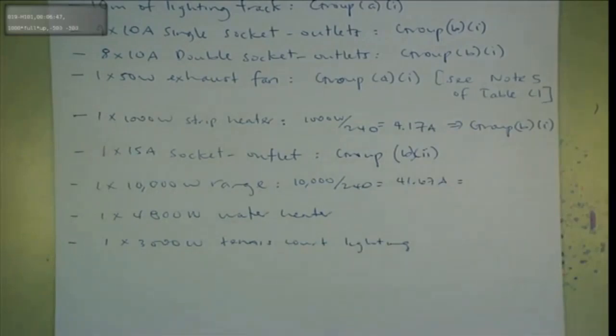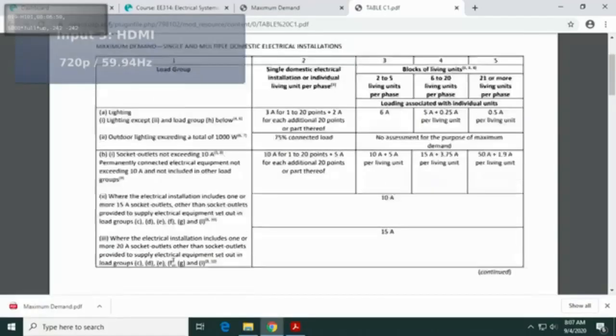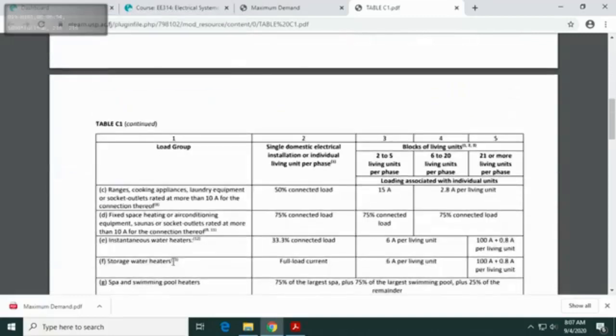Okay, let's just go back to table C1. So we have ranges in group C, rated at more than 10 amps. So it directly falls in group C.